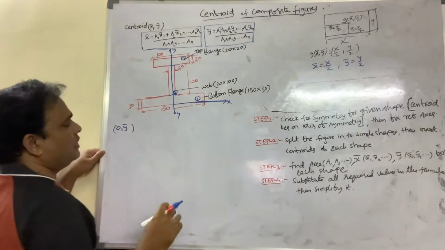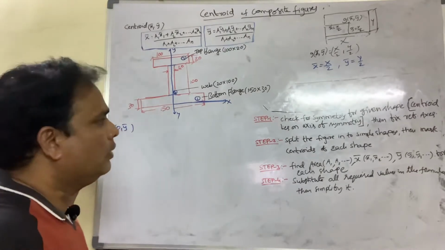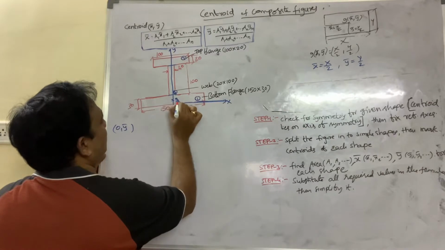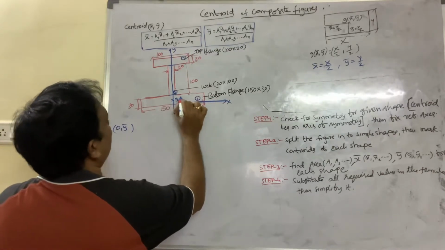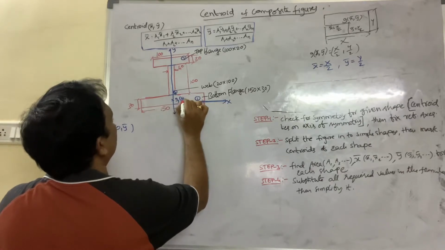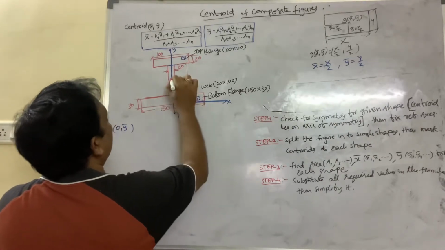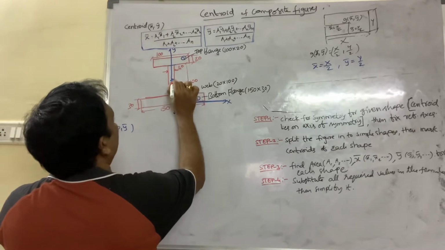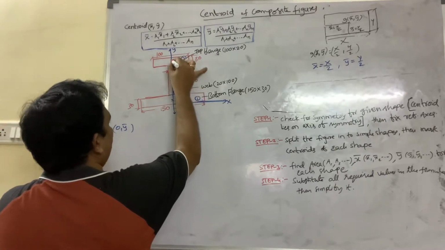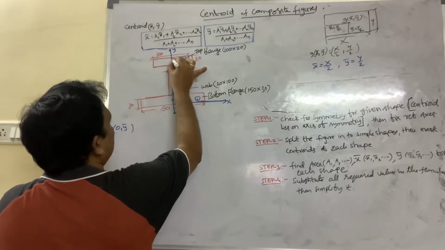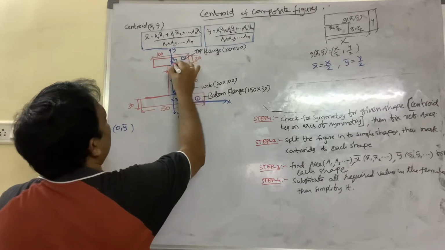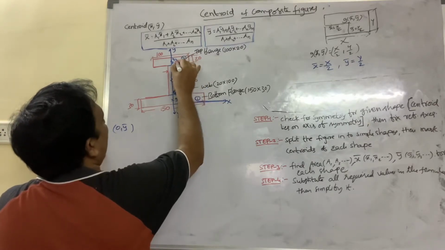Every member has its own centroid. Let us say this is G1, the centroid of the first member with coordinates 0 comma y1 bar, this is G2, the centroid of the second member with coordinates 0 comma y2 bar, and this is G3, the centroid of the third member with coordinates 0 comma y3 bar.